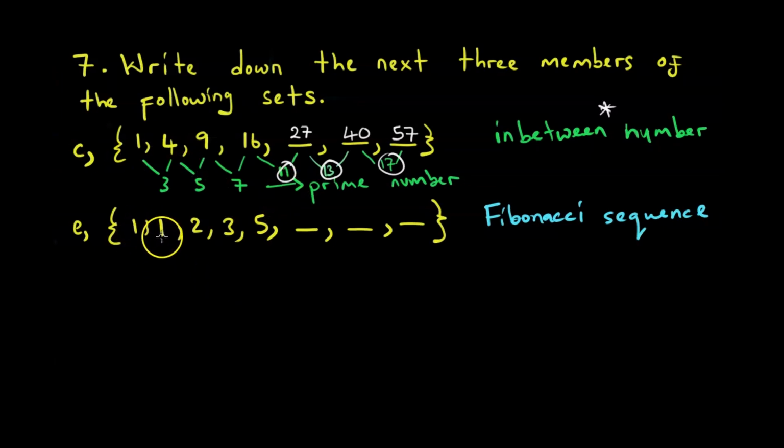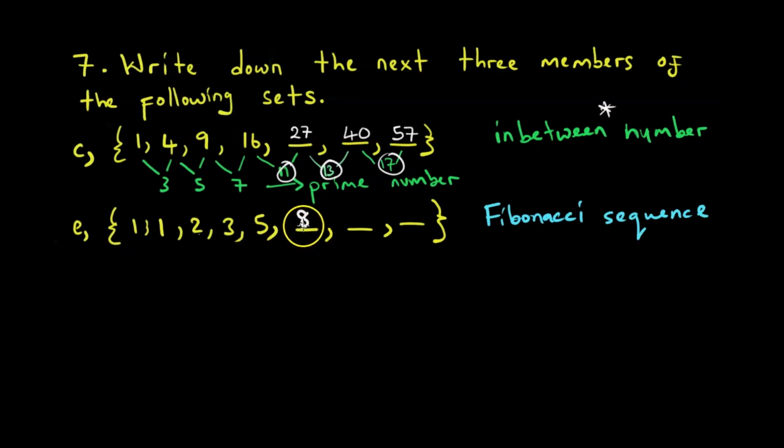if we say 1 plus 1 we get 2. So we just add the 2 previous numbers to get the next one, which is this 2. If we say 2 plus 1 we get 3. If we say 3 plus 2 we get 5. This means 5 plus 3 we get 8.